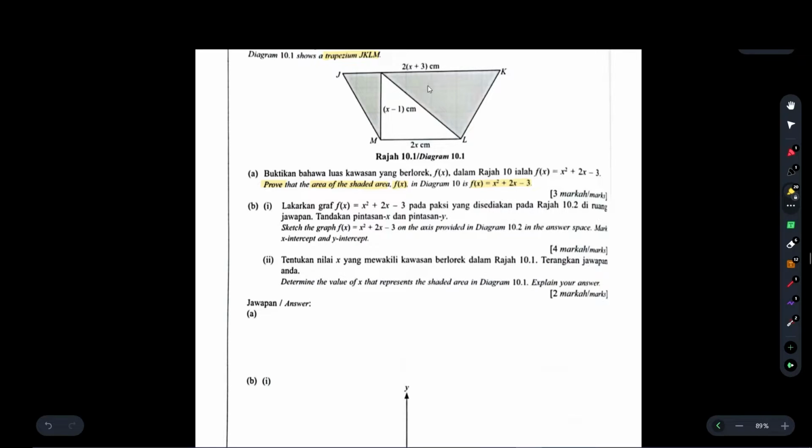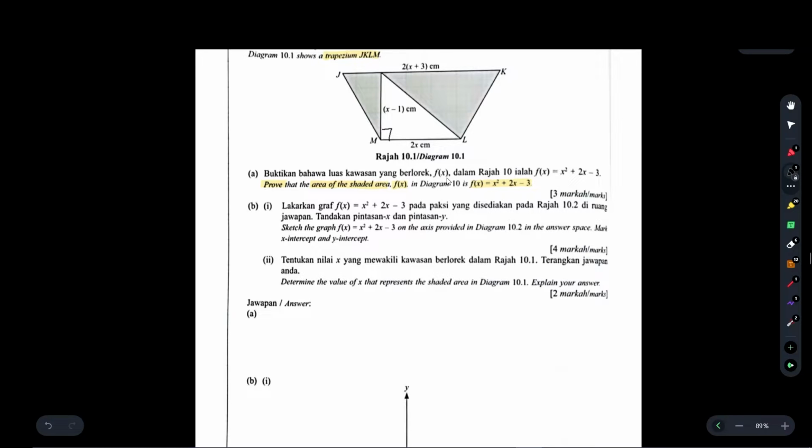So we're going to prove it. Let's see what we have here. We have a right angle triangle and a trapezium. There's a right angle triangle inside the trapezium.